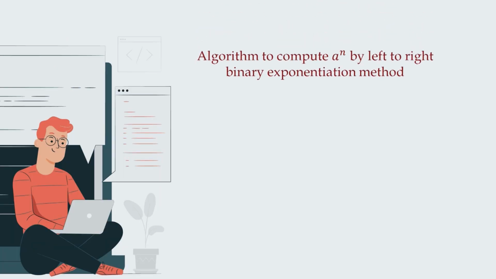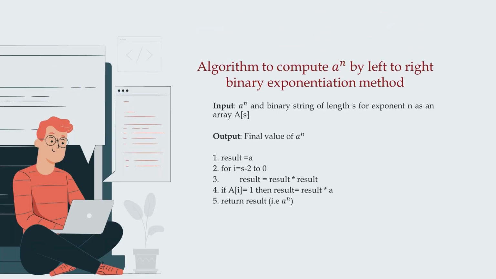Okay. So, we can see one example also. Input is a to the power n and the binary string of length s for exponent n as an array of size s. So, how to compute a to the power n by the left to right binary exponentiation method? The final resultant value will be a to the power n.